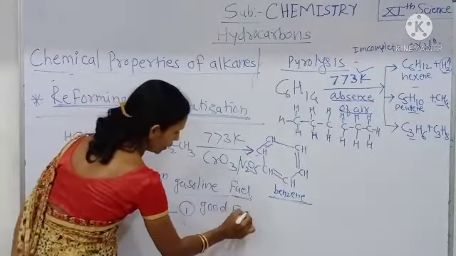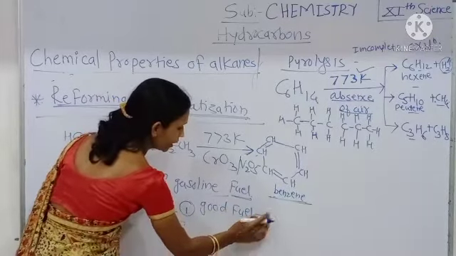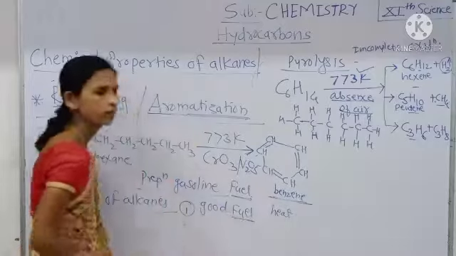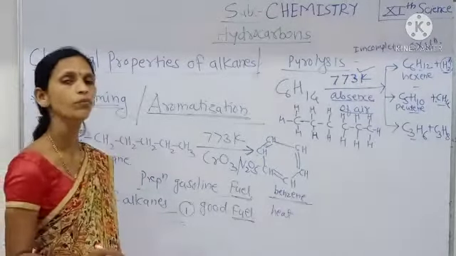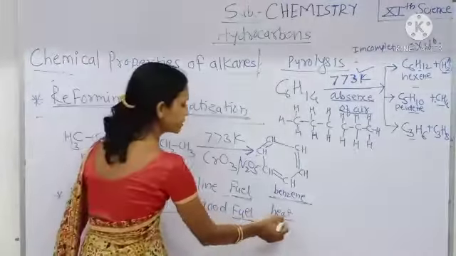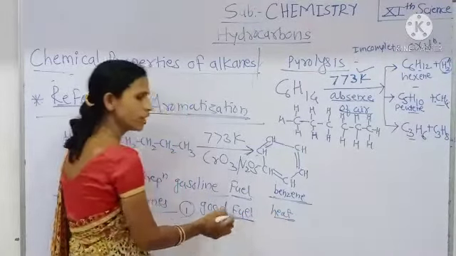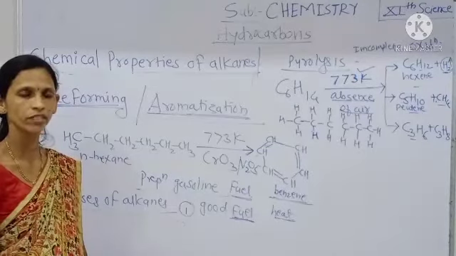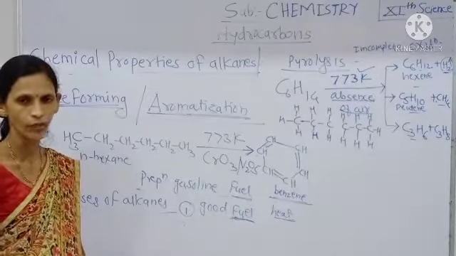They are good fuel which on burning gives heat energy. What is fuel? These are the substances which on burning provide heat energy. Therefore these are used as fuel, that is domestic fuel as well as automobile fuel.